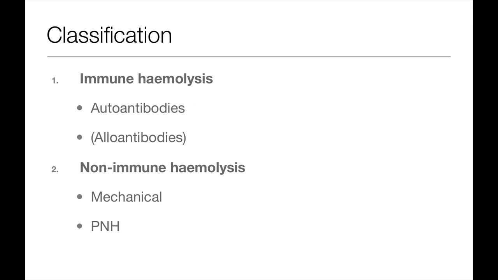In immune hemolysis, we're looking at autoantibody problems and also alloantibody problems, such as in a mismatched blood transfusion or in neonatal alloimmune hemolysis. In non-immune hemolysis, we're looking at traumatic mechanical problems resulting in hemolysis, and this condition, PNH, paroxysmal nocturnal haemoglobinuria.